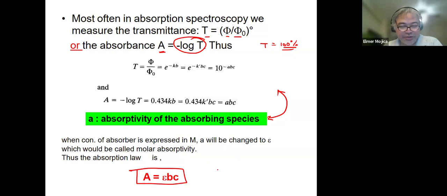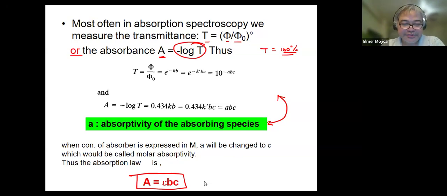I think everyone knows about this. What do we call this?